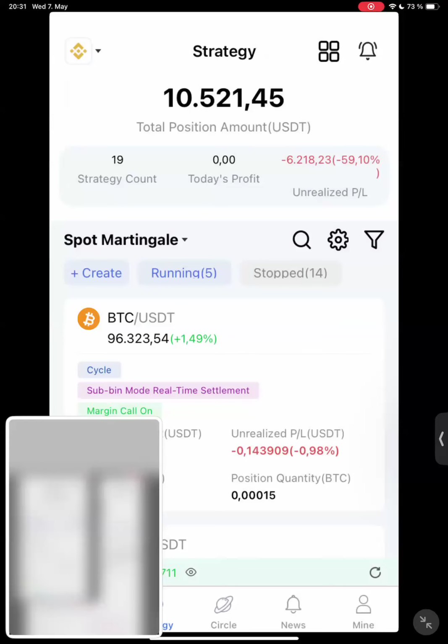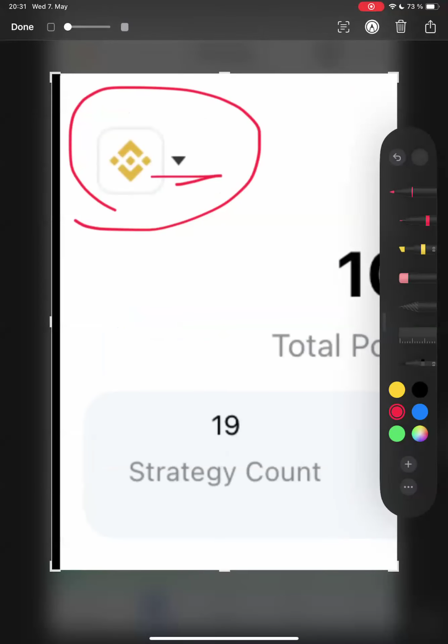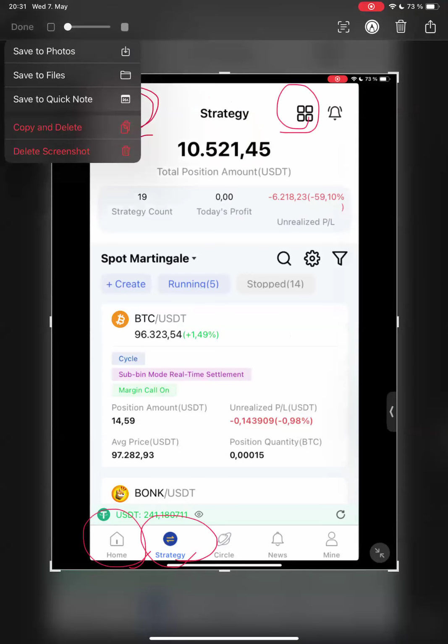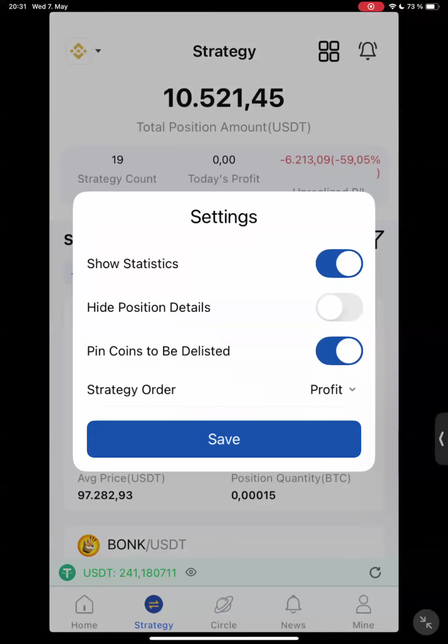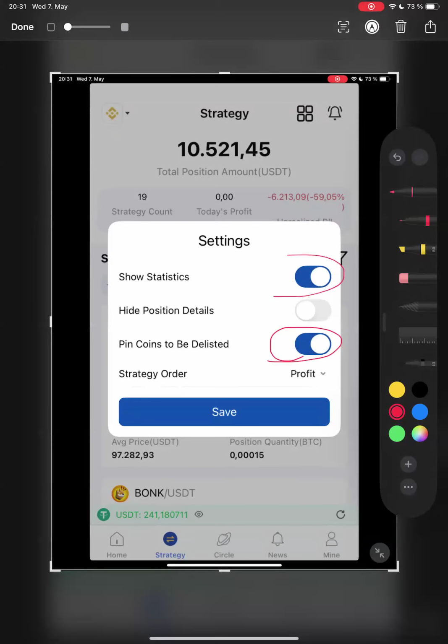We still have this button here, whereby when you tap on it, it brings all the exchanges. You don't have to go back to home. You can simply still get it under the strategy tab. Then these 4 boxes here are very important. If you don't switch on these two, you don't turn the pin coins to be delisted.